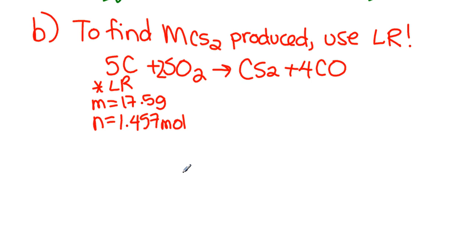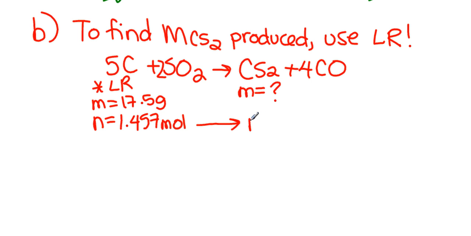And now we're going to set up the rest of the problem like before. So how do we get to the mass of carbon disulfide from the number of moles of carbon? We've already done step 1 in the stoichiometry map because we have the number of moles of carbon.